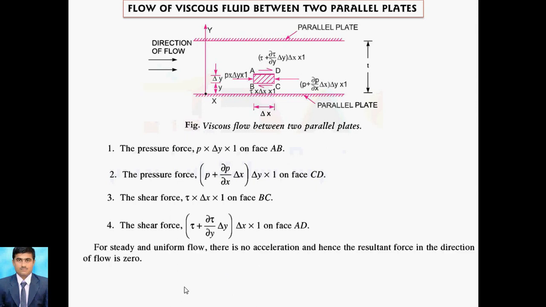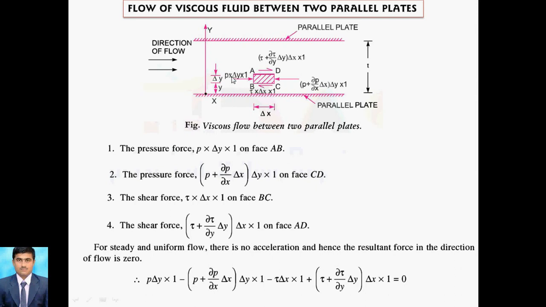Now we have to take the resultant force in the direction of flow as 0. So here P delta y into 1, if you take it positive, then this force, P plus dou P by dou x delta x into delta y into 1, is opposite, that's why I take minus. Then next the shear stress. The shear stress on BC we consider minus, because it is in the opposite manner.